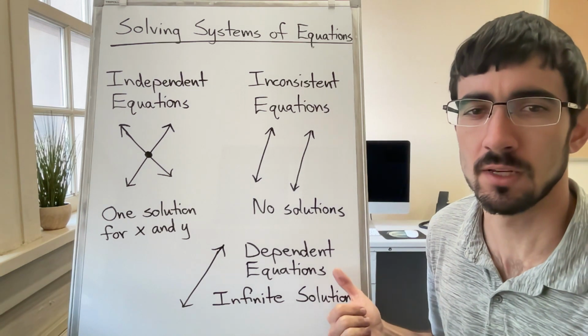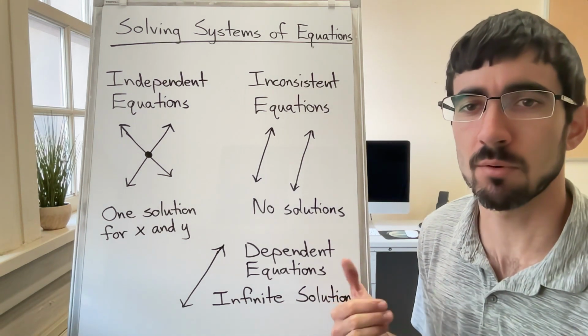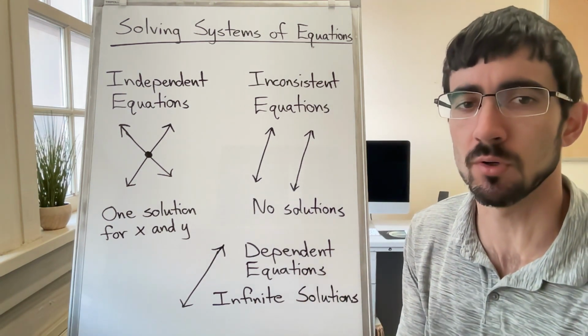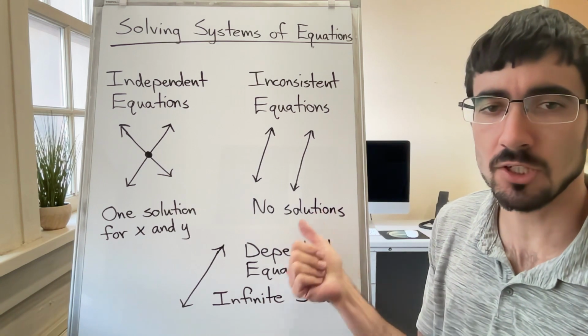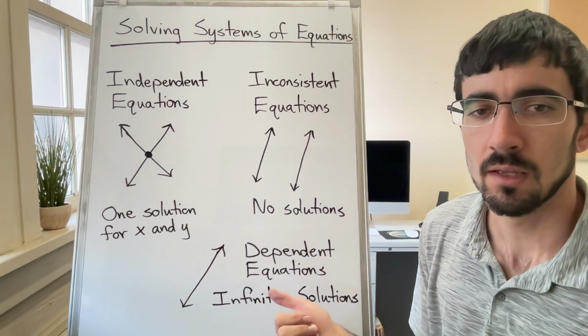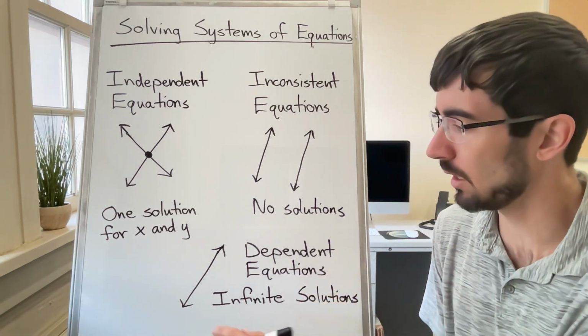There's a third option. The equations could be dependent equations. And that happens when one equation is actually a copy of the other one. It's maybe a multiple of the other line. And they actually are the same line when you graph them on an xy plane. Dependent equations have infinite solutions because they represent the same line.